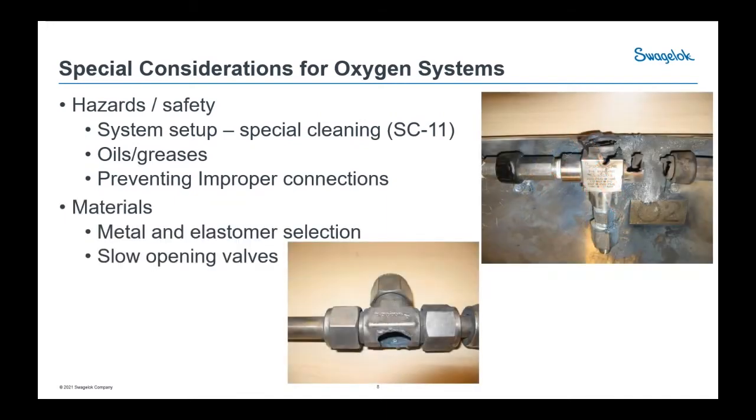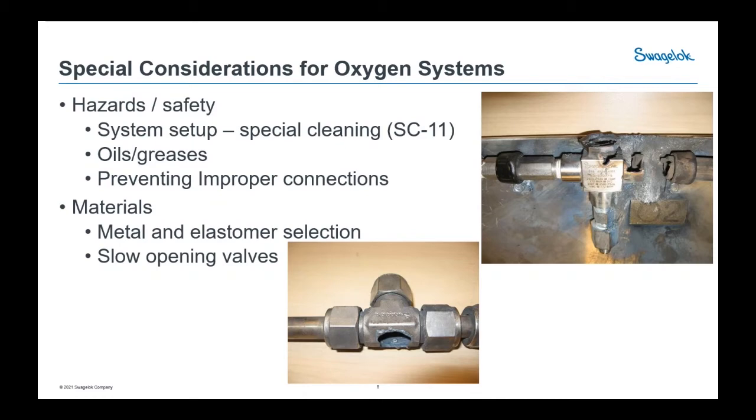Getting into some of the materials and selection as well, making sure that you're using the proper materials in the metals. You don't want to use anything that's stainless steel that gets above 150 psi, because stainless steel can spark off of any sort of collisions, be it particles making bends in your system or any small pieces that break off components.